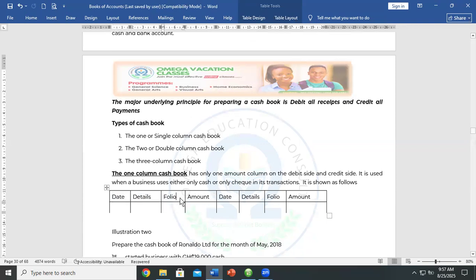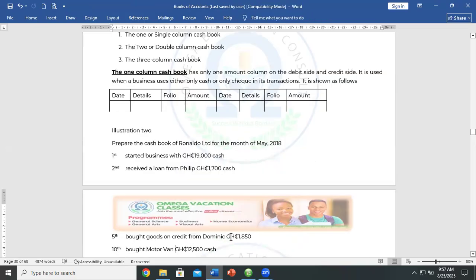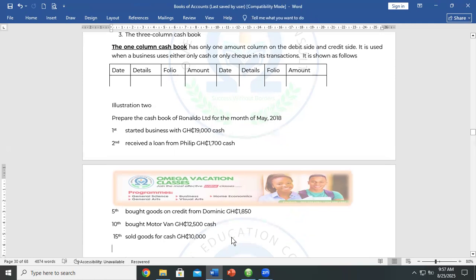It's a reference column, and we are not going to be doing a lot of referencing in our answering. So it's basically date, details, and amount. Same on the credit side. There's an illustration here for us, but I want us to look at the other types of cash books, so we can make sense of it.